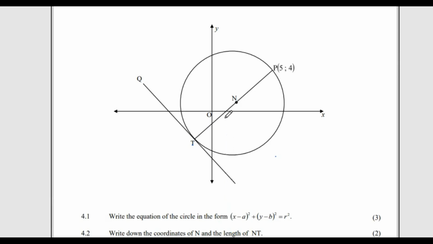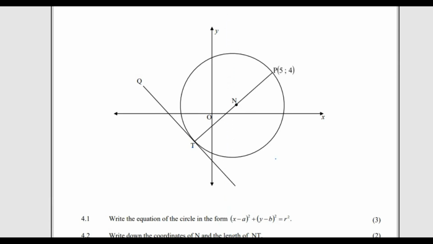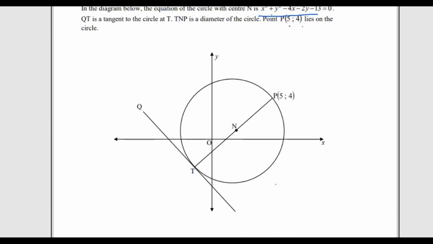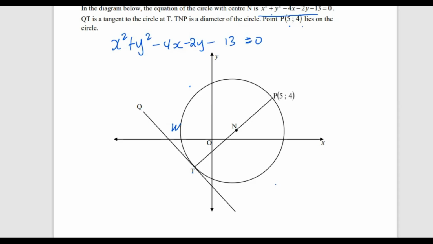And so in that format, all they want us to do is complete the squares. Okay, so how do we complete the squares? That we need to know. So we're going to say x squared plus y squared minus 4x minus 2y minus 13 is equal to 0. So step number 1, some people prefer to move the 13 that side.